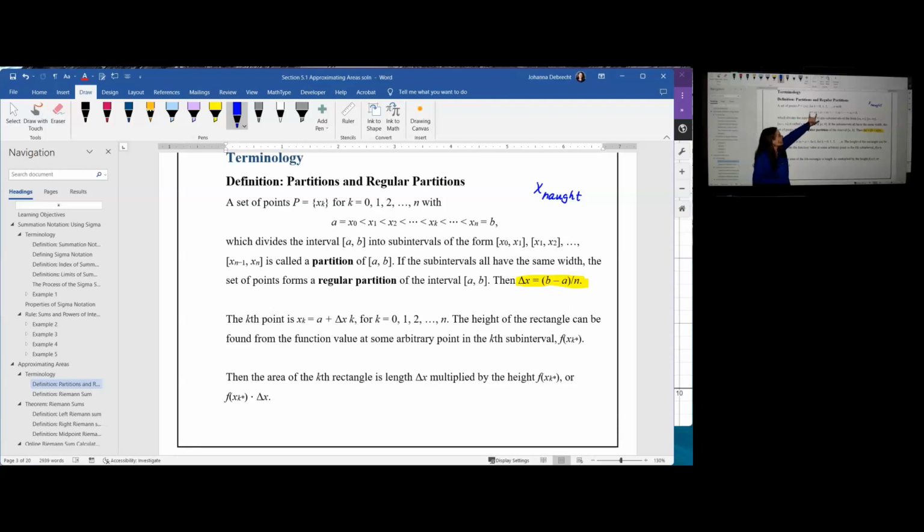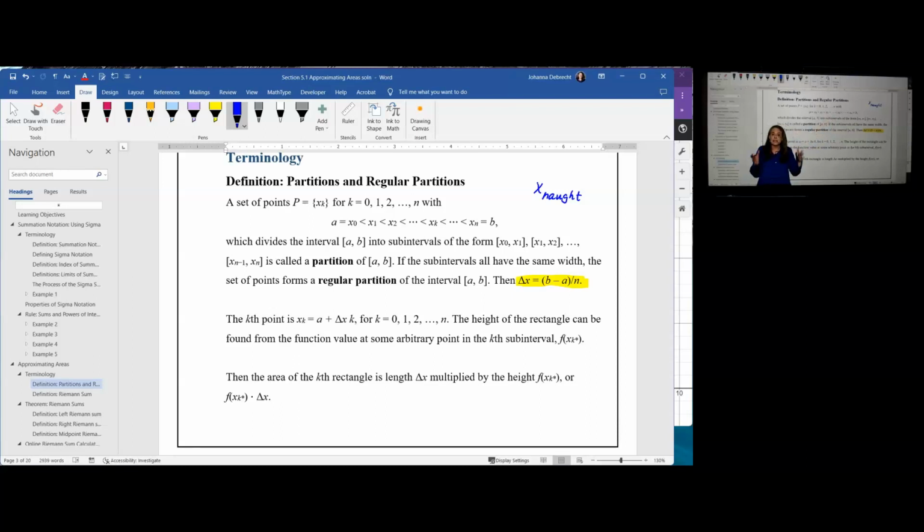When we're looking at these, notice that the left endpoint is the first one, and the last one is the B, the right endpoint of the interval. This divides it into n regions. We have n plus 1 numbers. We have the 0th, 1st, 2nd, 3rd, 4th, 5th, up to the nth, which gives us n plus 1 x values.